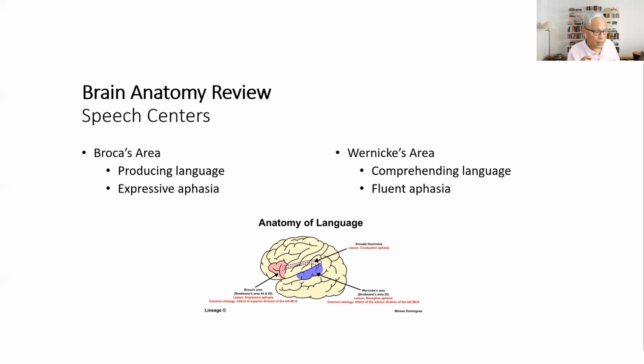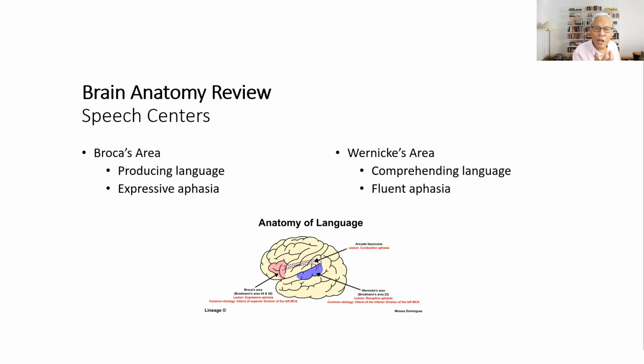Wernicke's area is also called fluent aphasia, or receptive aphasia. The person does not have any issues with speaking, but the words they say do not make any sense.